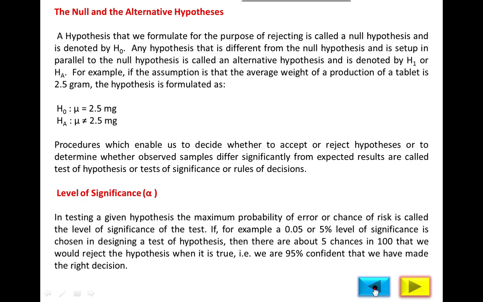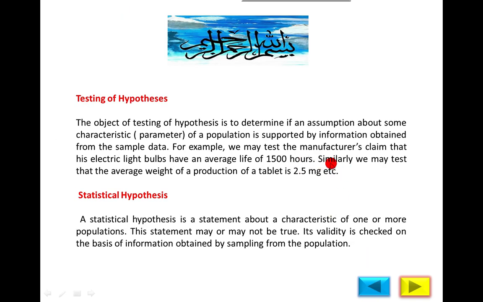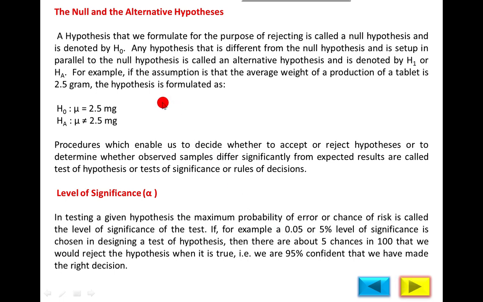Suppose, in the previous definition you read this example, similarly we may test that the average weight of a production of a tablet is 2.5 milligram. So how do we write this statement? Hypothesis means assumption, supposition, in Urdu called mafruza.